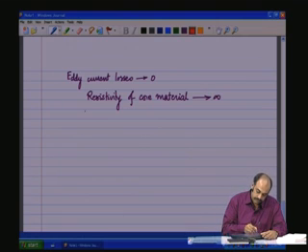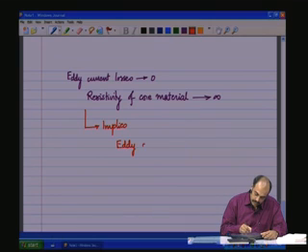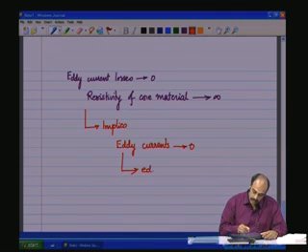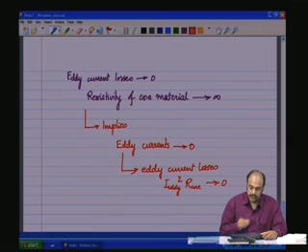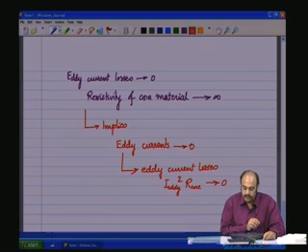This implies the eddy currents tend to 0, which means eddy current losses due to I eddy square R core will tend to 0. So, in an ideal transformer, the resistivity of the core material should also tend to infinity.